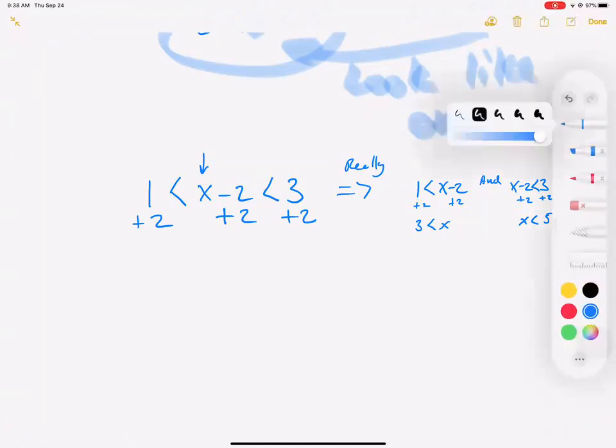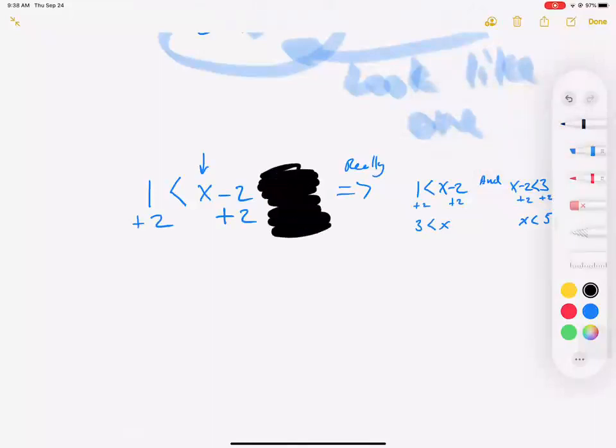Now, let me show you what I mean. If I just look at the left side, wouldn't I have added 2 to solve this problem? If we were in real life, I would actually use my hand and cover up that right side, but I can't because I don't have a hand here. You just cover up the right side.